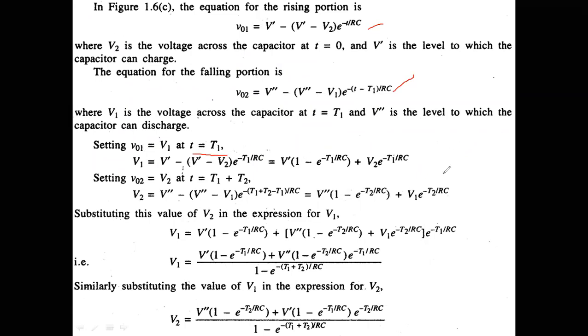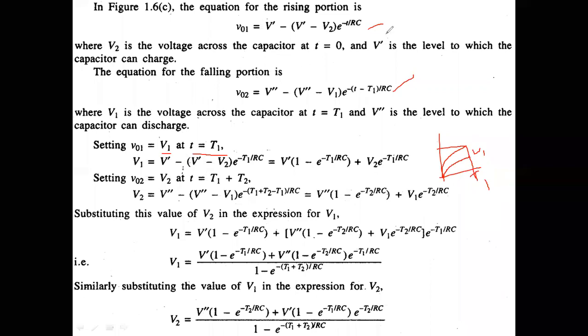Exactly at t equal to t1, what about our output voltage? The output voltage reaches a certain level V1. At time period t1, our output voltage is at V1. Simply recall the waveform. Therefore, when it is at T1, our output VO1 is nothing but V1.